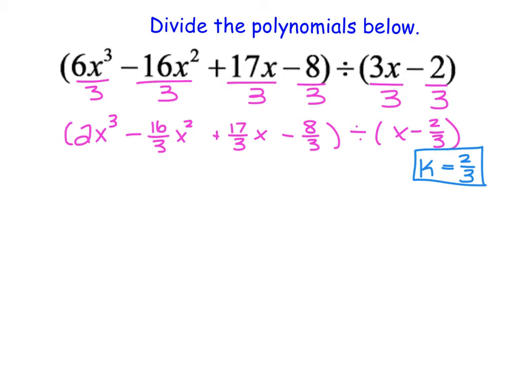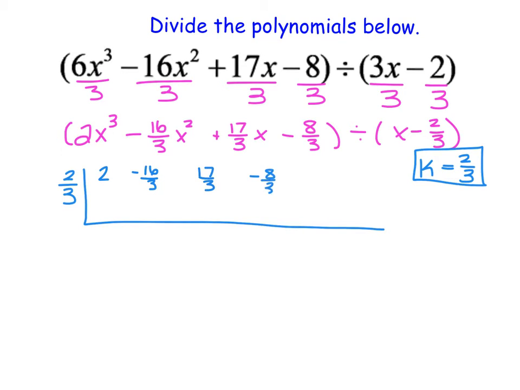So we can at least now set up our synthetic division. So here we're going to have 2/3 as our k value. Then we have 2, negative 16 over 3, 17 over 3, and negative 8 over 3. And I'm going to strongly suggest you leave everything as fractions, as it's going to just make things a little bit easier.